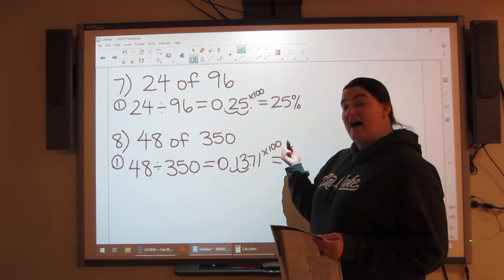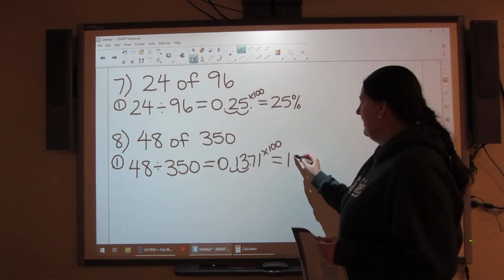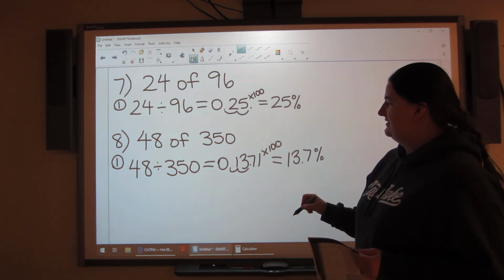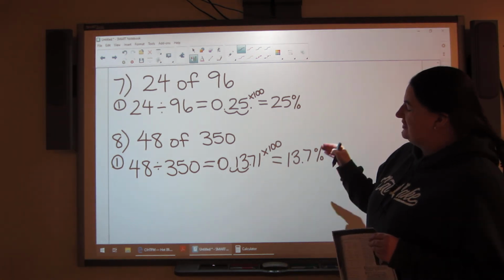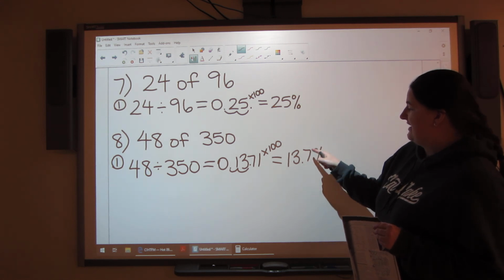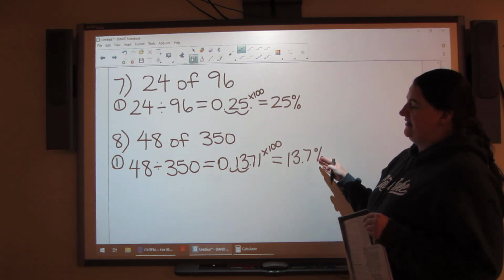It's not higher than 5, so the 7 stays the same, and I end up with 13.7%. I don't need the 1 because the question has asked me to find the percentage to the nearest tenth. So I only want to have that 10th column in there.